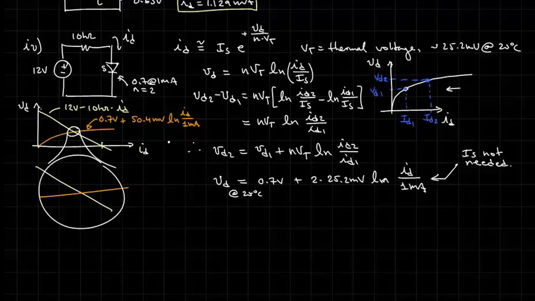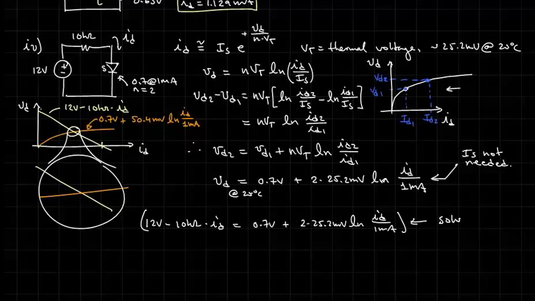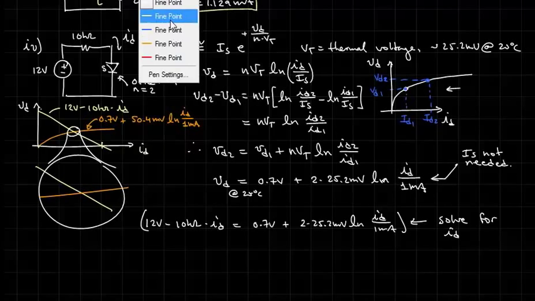And that intersection is going to occur when we have 12 volts minus 10 kiloohms times ID, that's the load line, is equal to 0.7 volts plus 2 times 25.2 millivolts times log of ID over 1 milliamp. Okay, so solve this for ID.